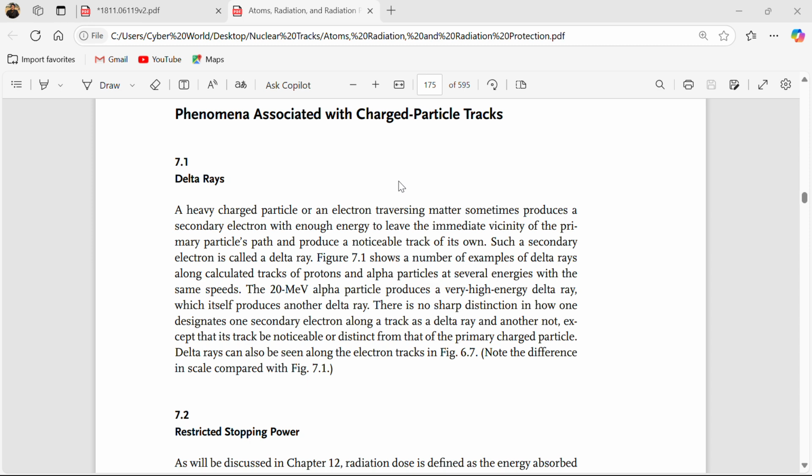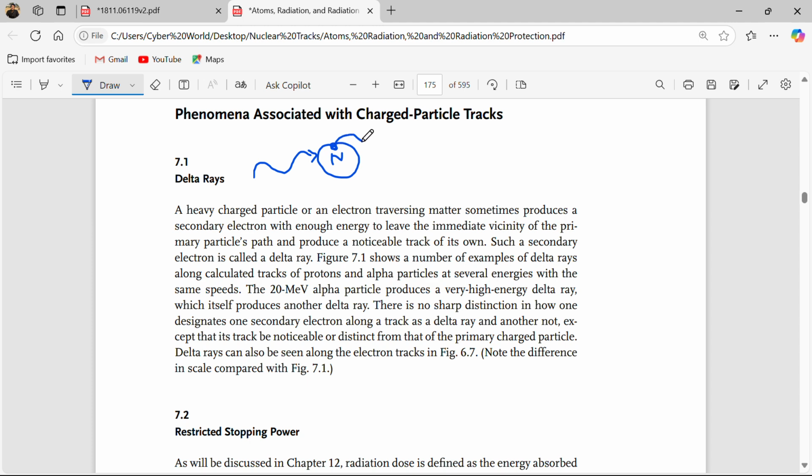So let's suppose you have a nucleus, and here you have an electron. Some charged particle, or you can say a photon, is coming, and it has enough energy to eject that electron.